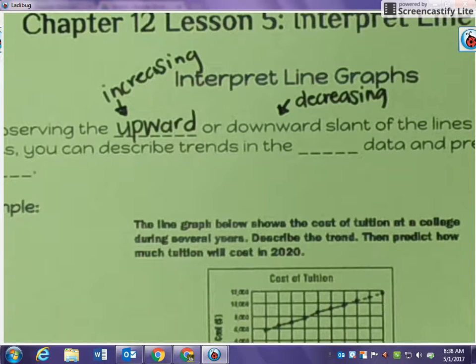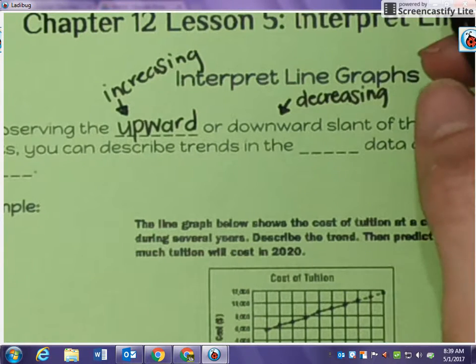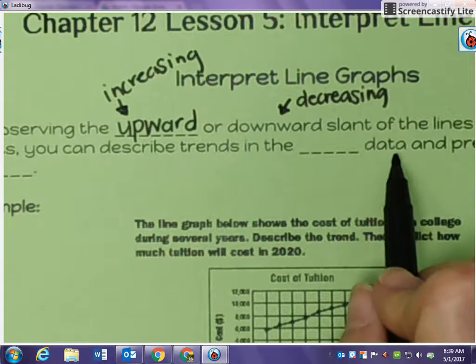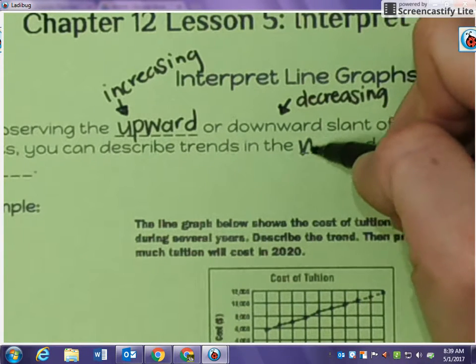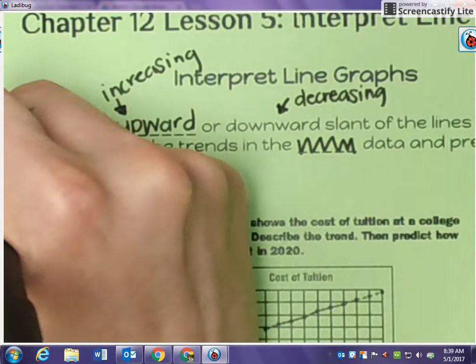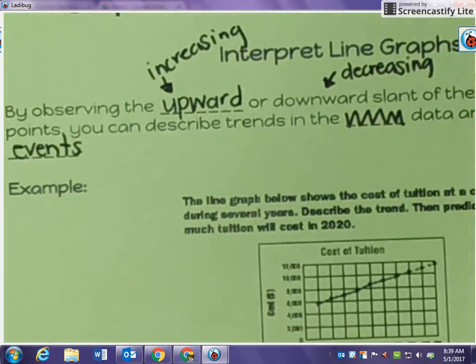Slant of the lines connecting the points. You can describe the trends in the data. I was not supposed to leave a blank there. Sorry. Data. And predict future events. I think I made a blank for data to go in, and then I typed the word data. Sorry.